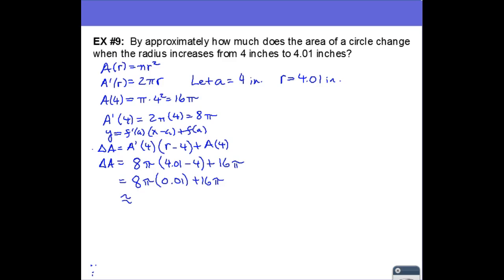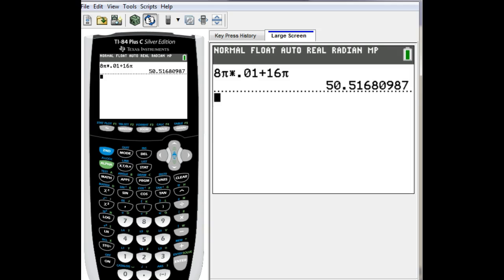Let's open up our calculator, and so plugging this in, 8 pi times 0.01 plus 16 pi, we get 50.5168 for four decimal places, so 50.517. But you know what?